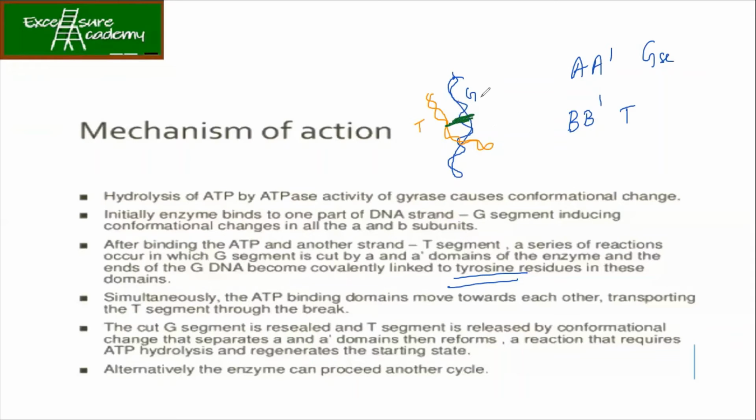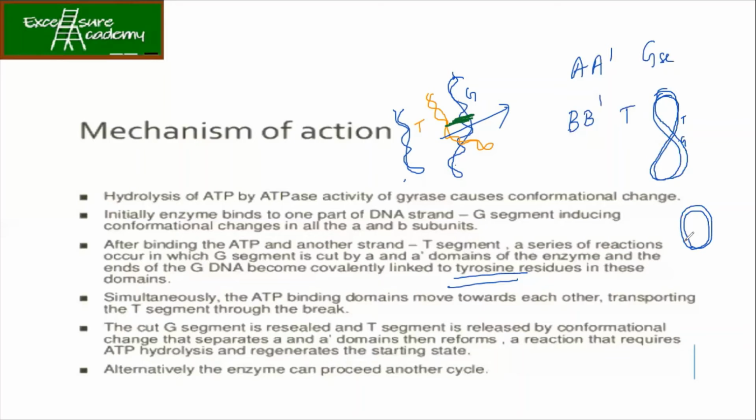Now I'm going to bring these strands over to this side. So what will happen? These will reseal here and your T segment will be released outwards. If my DNA was like this, this one acts as G, this one as T, and after the cut it will open up like this. Clear? Understood? Don't worry, I have the figure in the videos.